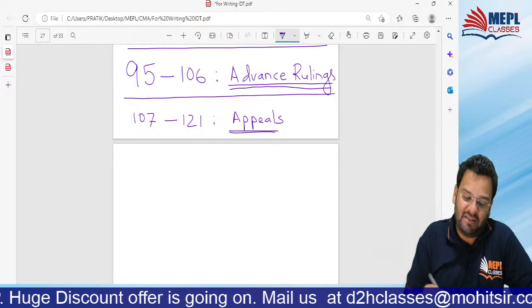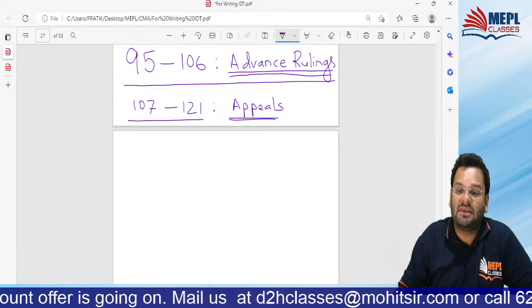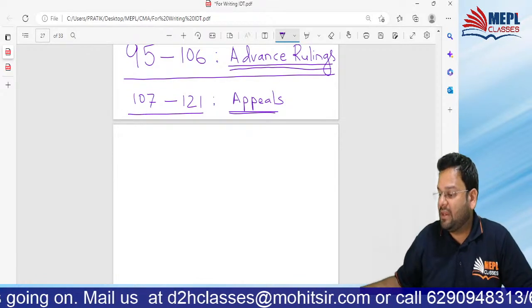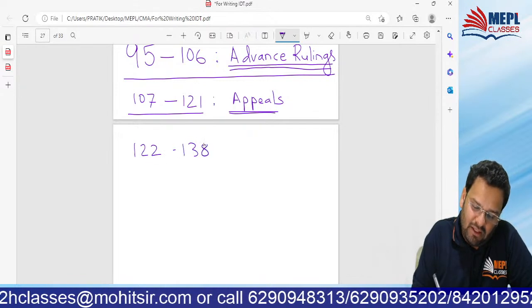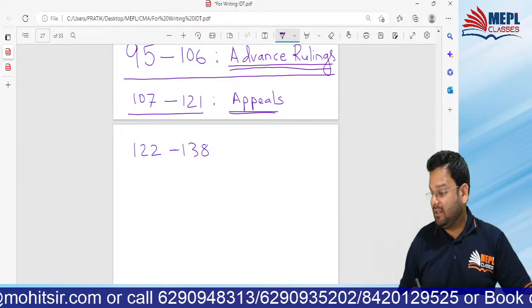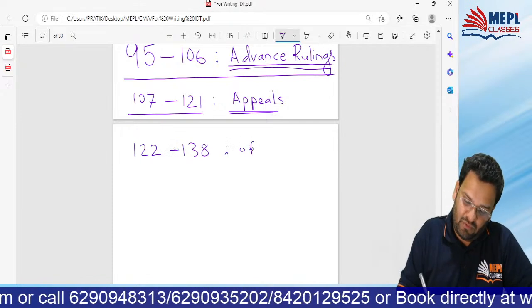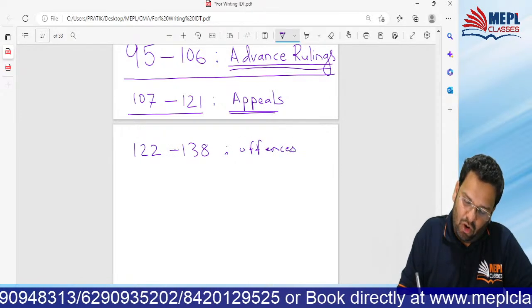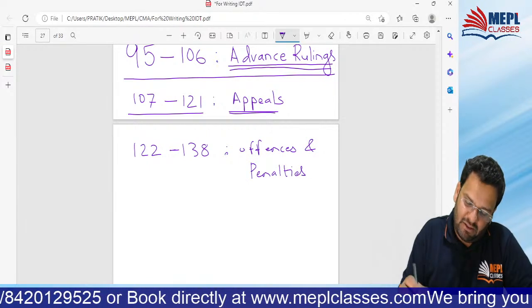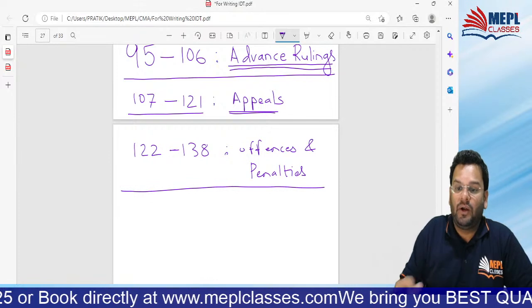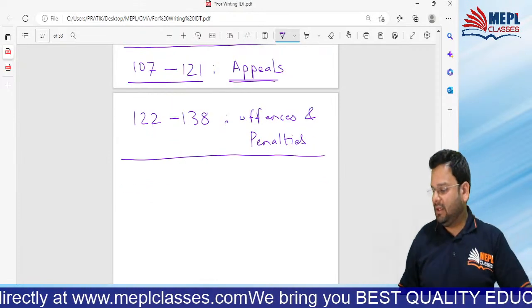That appellate mechanism is discussed in 107 to 121. Then 122 to 138 is offenses and penalties.